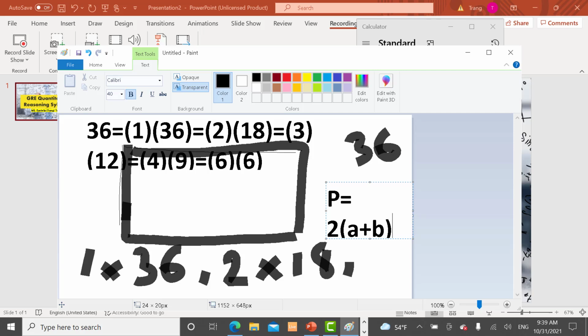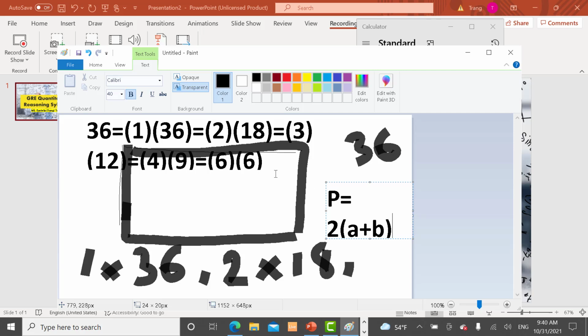So for each of these: 1 plus 36 is 37 times 2 is 74. Then 2 plus 18 is 20 times 2 is 40. 3 plus 12 is 15 times 2 is 30. 4 plus 9 is 13 times 2 is 26. 6 plus 6 is 12 times 2 is 24. So we have 5 possible values of the perimeter.